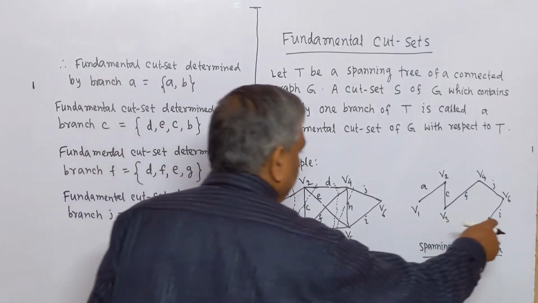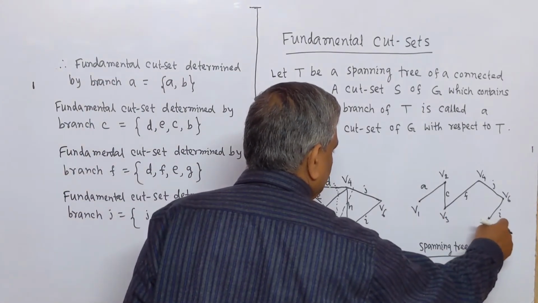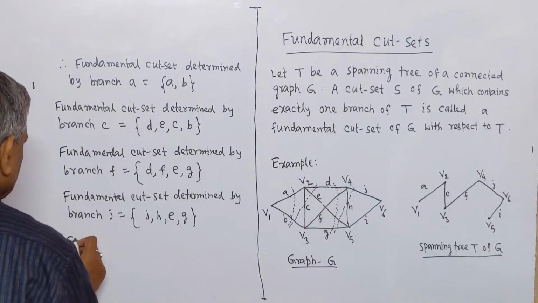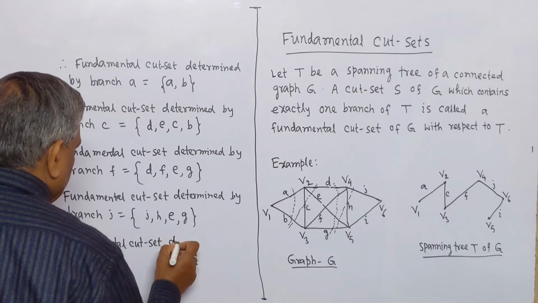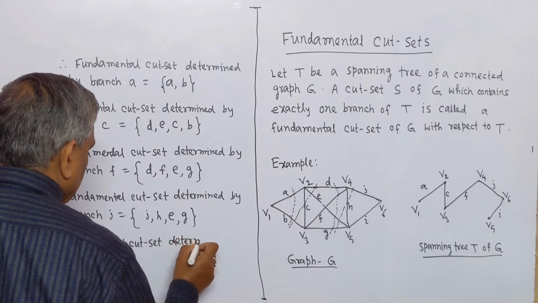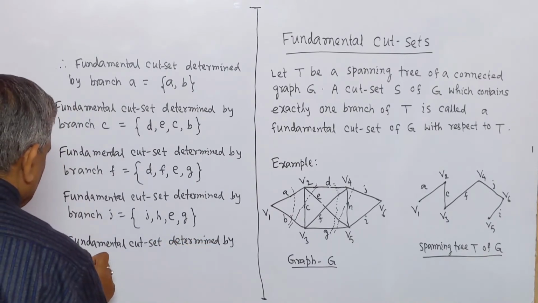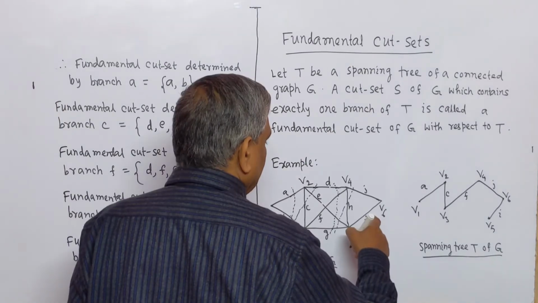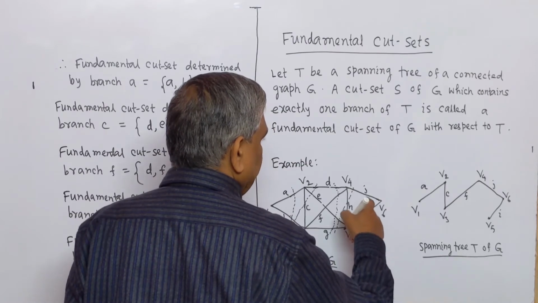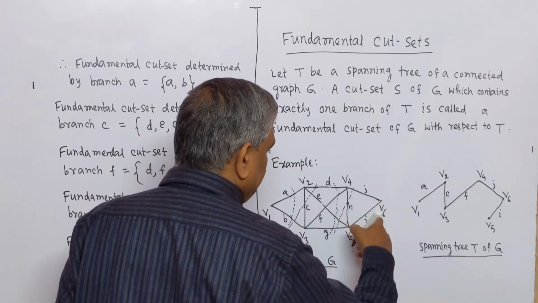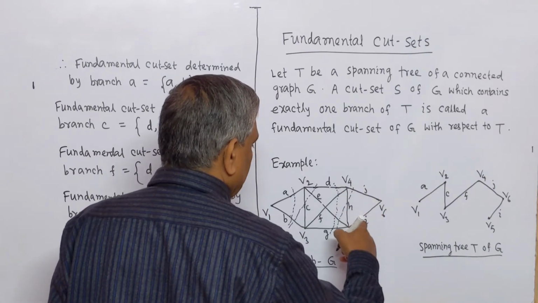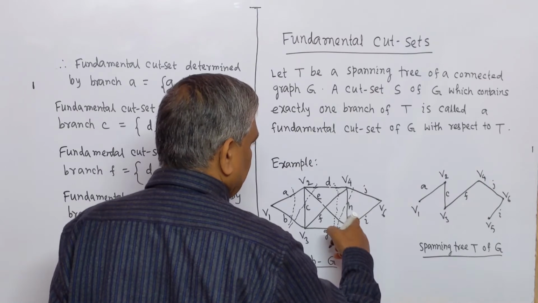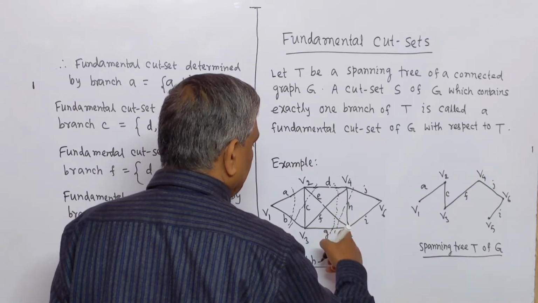Now I is a branch of the spanning tree T. So the fundamental cut set determined by branch I. I is the branch, J is also a branch, so we may not take a cut set like this. Here I is a branch, H is not a branch, E is not a branch, G is not a branch.